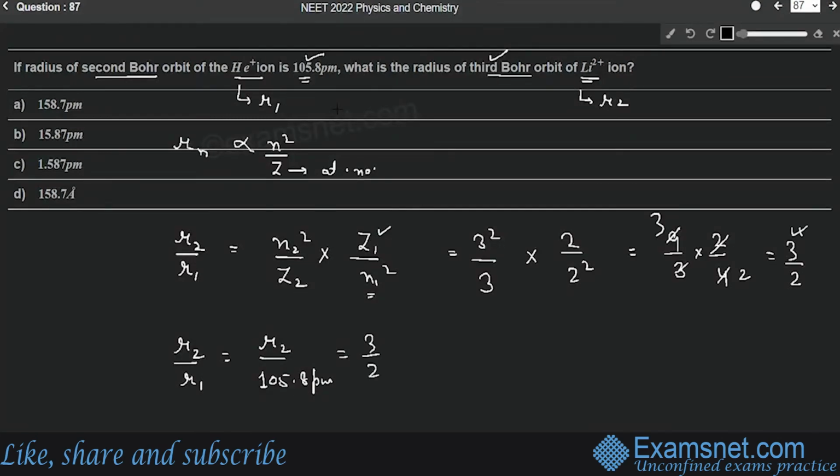Here we have seen R2 by R1 is equal to 3 by 2. So now we can find out the value of R2. It will be equal to 3 by 2 into 105.8 picometer, right? Now if we solve it, we'll get 158.7 picometer. That means which option will be correct? Option A will be the correct answer.